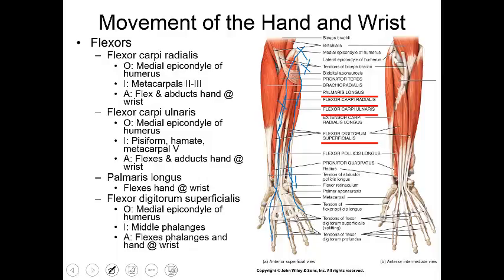And that is when you come to the palmaris longus muscle, which, if you look carefully, is right here. So it's in between and underneath the Flexor Carpi radialis and the Flexor Carpi ulnaris. And it helps again with the flexion of the wrist. So that is the palmaris longus.